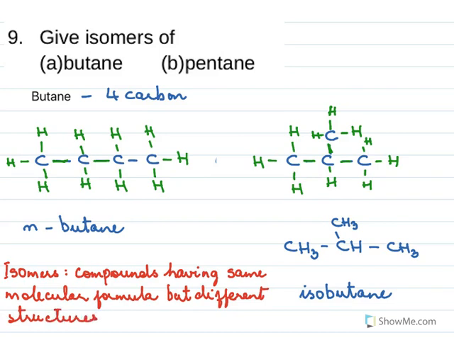And if you notice now, butane has got 2 isomers. This is one, n-butane, and second is isobutane. Those 4 carbons could be arranged in 2 different ways.